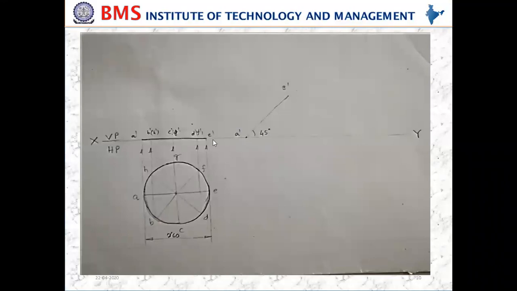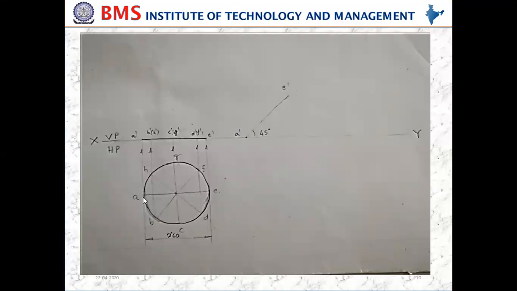So by keeping the A dash on the XY line only, because it is resting on HP, somewhere on this XY line locate A dash and then draw a 45 degrees line. After drawing the 45 degrees line, take the length of the diameter, that is A dash E dash, which is equal to 60 mm.